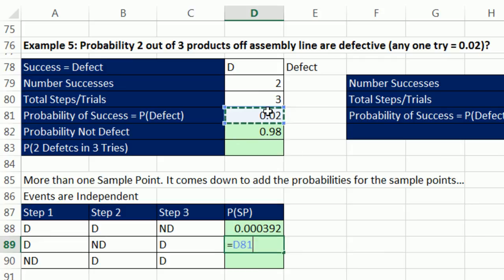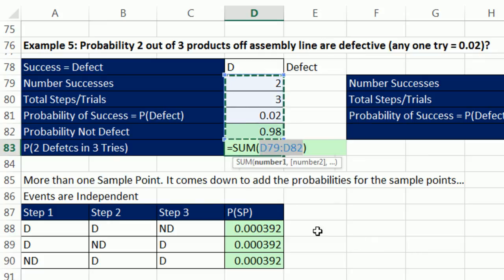So we have defect times not a defect, times a defect, enter. This one is not a defect times defect, defect. There's all of our sample points. The definition of probability for an event is to add up all of the probabilities for all of the sample points. Alt equals, highlighting, and enter.